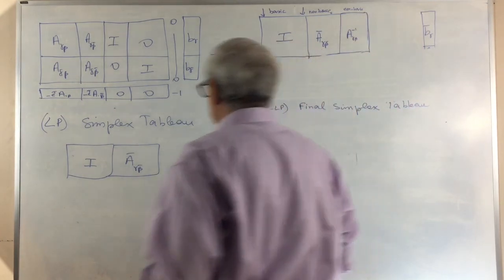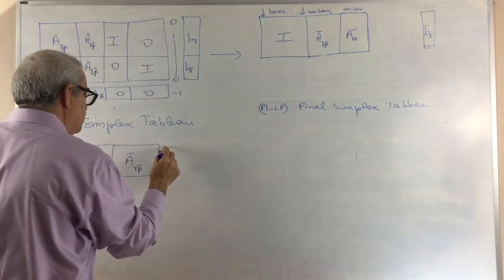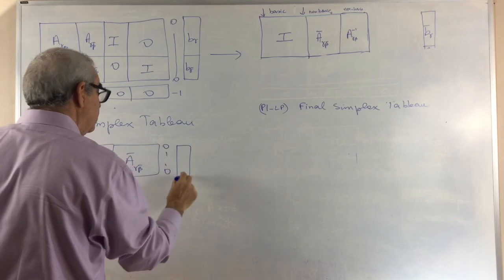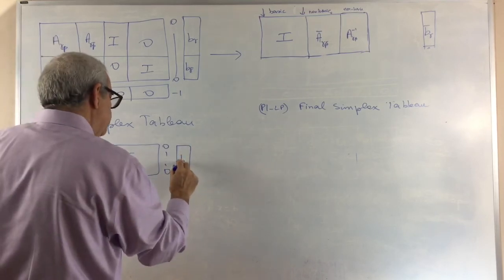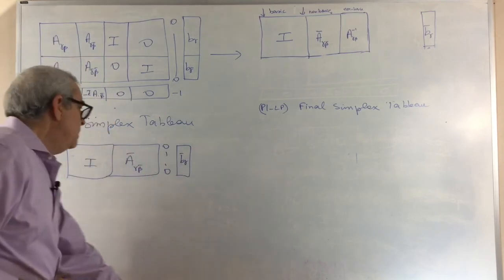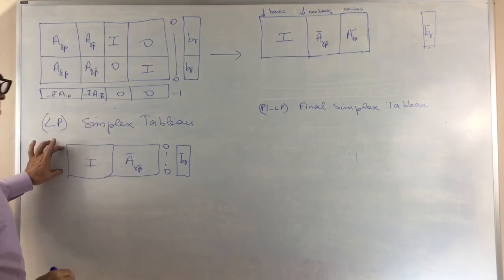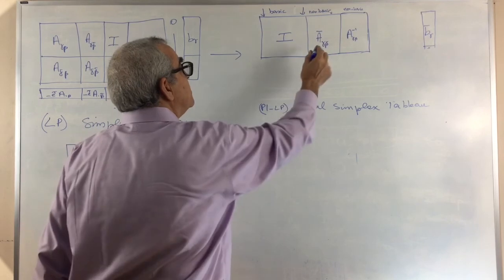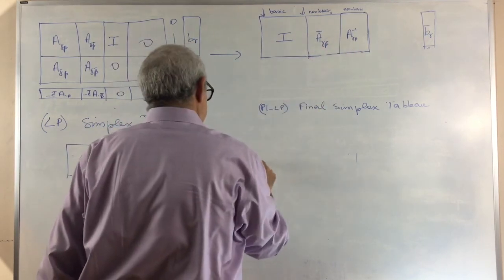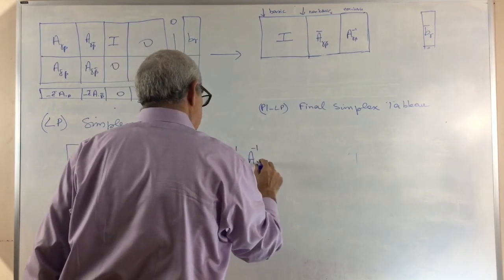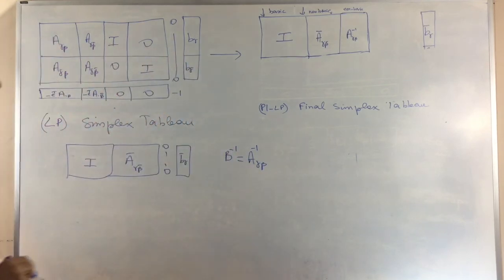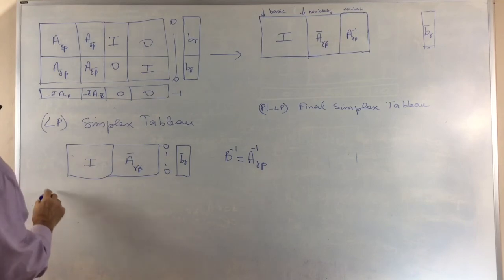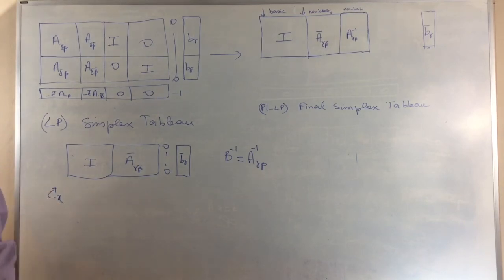All right. And here I'm going to have 0, 0, and here I'm going to have B bar of gamma. Okay, that's the top part. My B inverse is just this matrix here, A minus 1 of gamma beta. That's my B inverse. And now I'm going to bring in C transpose X, right?